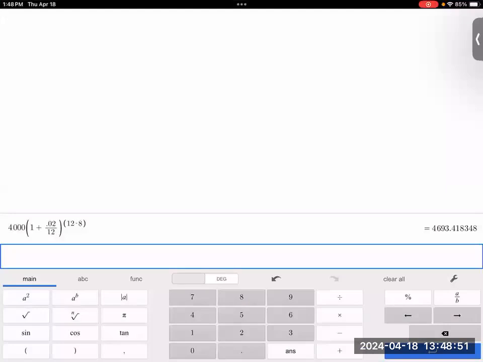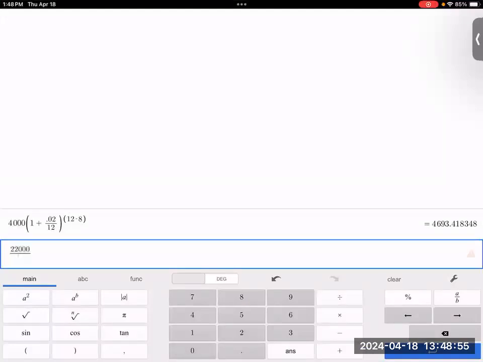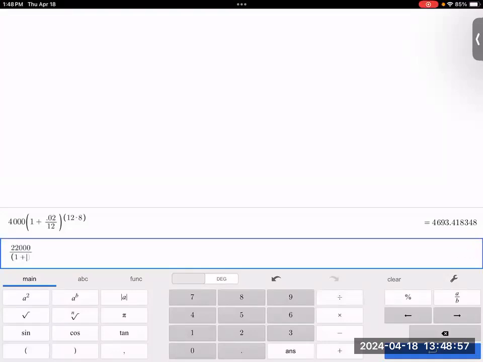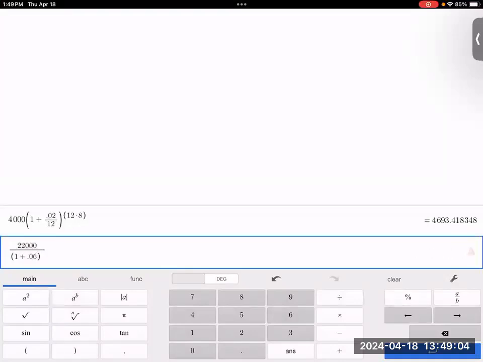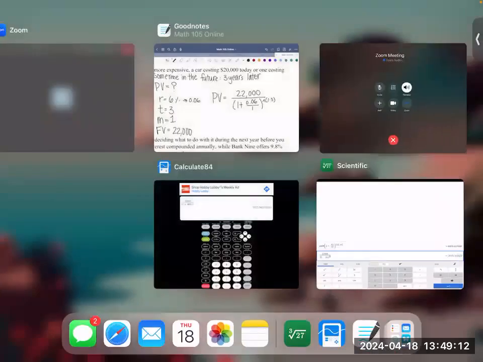So we have 22,000 divided by 1 plus 0.06, raised to the third. Okay, so when we get it out, we have 18,471.62.